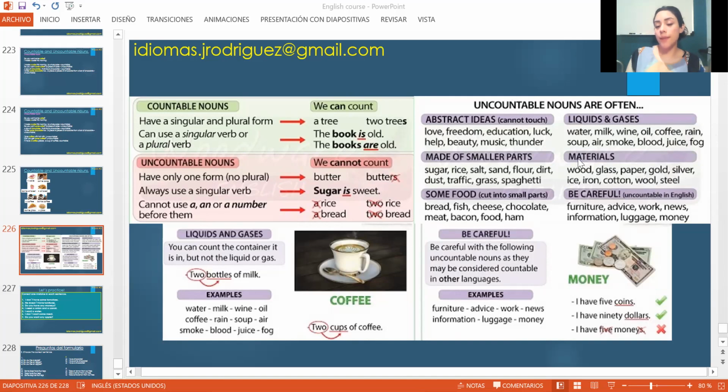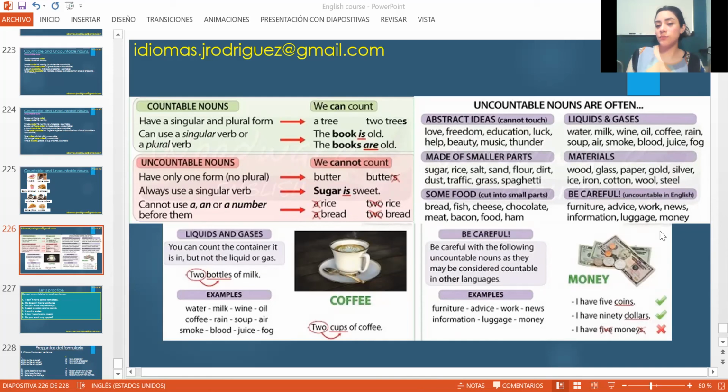That will mean madera, vidrio, papel, oro, plata, hielo, hierro, algodón, lana y acero. Okay, materials.